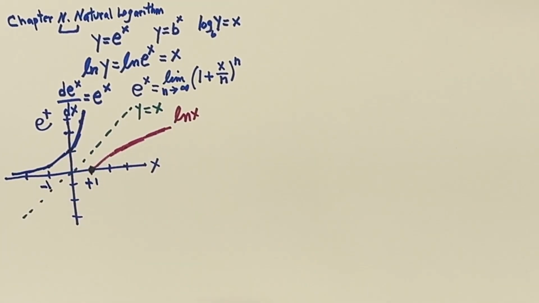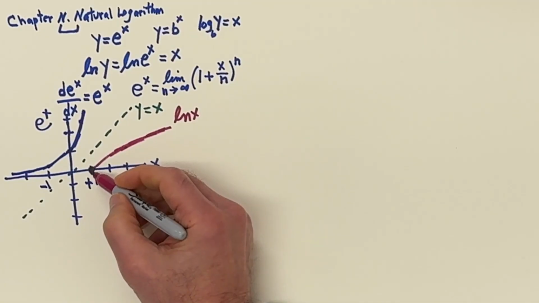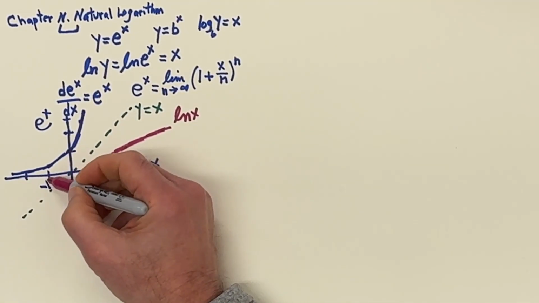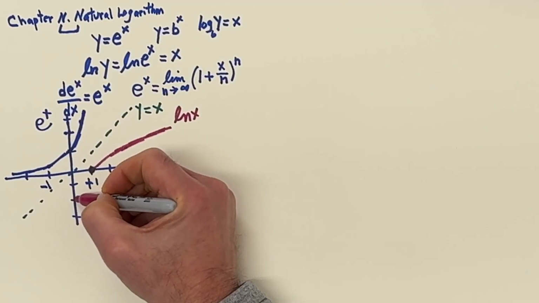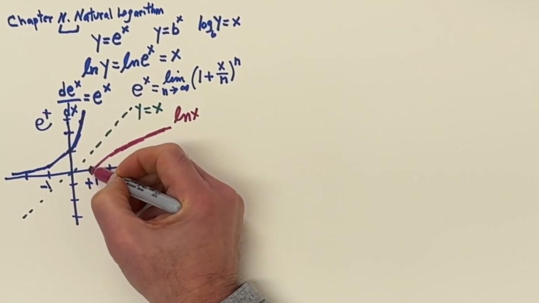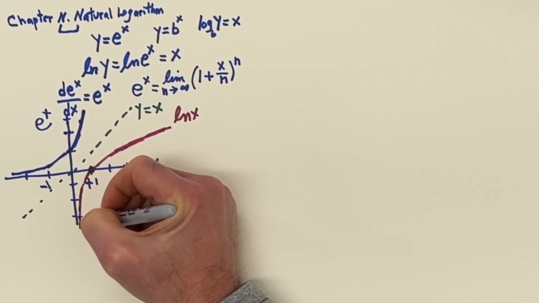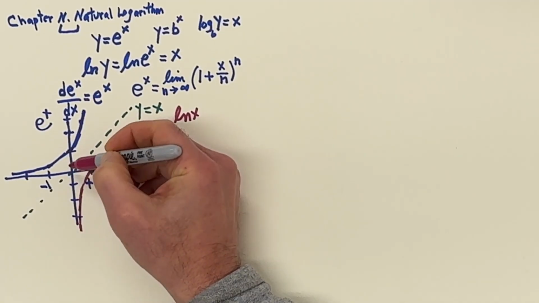This is just a sketch to get an idea of what the graphs look like. So by the reflection, you go 1, 2 that way, 1, 2 that way, and it's a lot like this. All right, just a sketch.